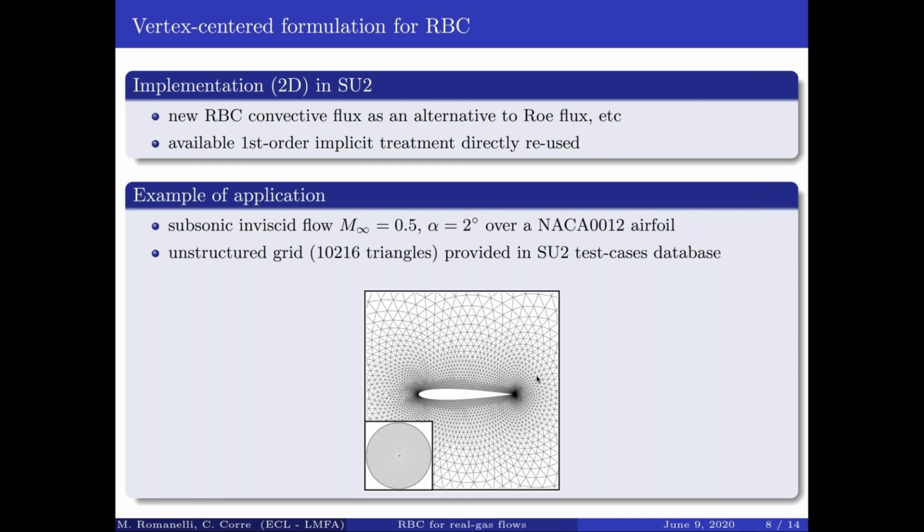So it's a subsonic flow. We computed transonic and supersonic as well. Here it's simply subsonic, Mach 0.5, 2 degrees over the well-known NACA 0012, and we are making use of one of the triangular grids available in the SU2 test case database.